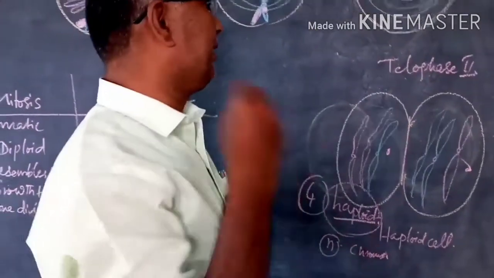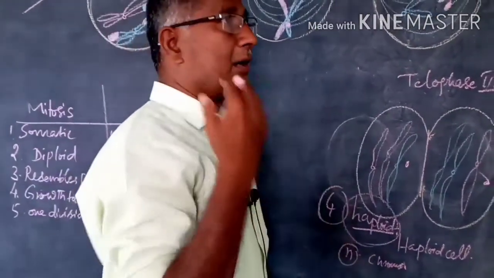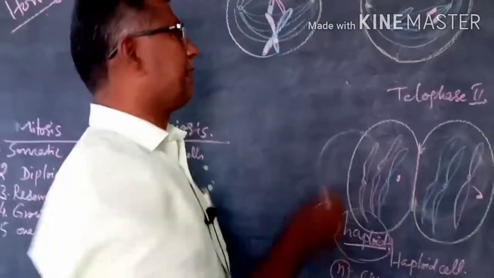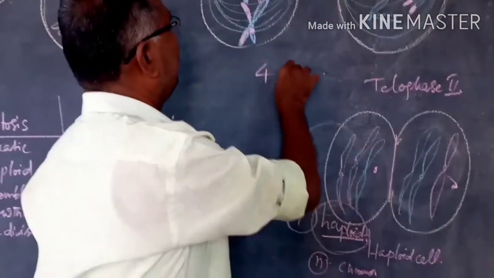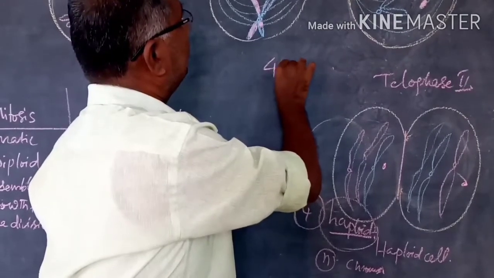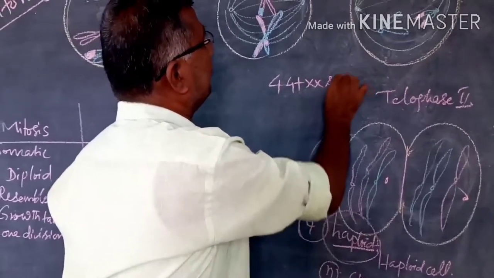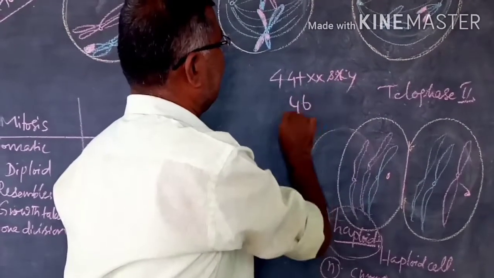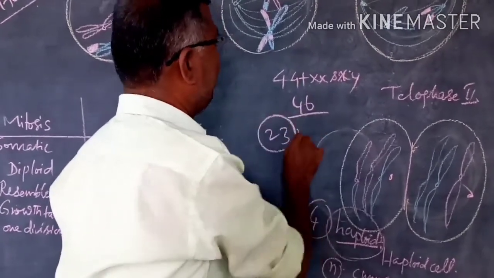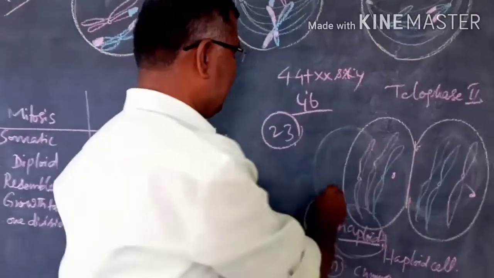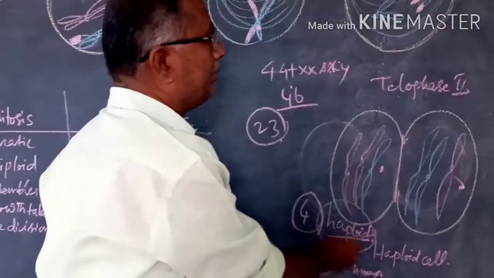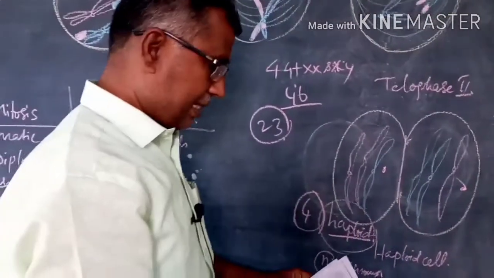For example, each and every organism has a constant number of chromosomes. For example, you have 44 plus XX or XY, that is 46, or 23 pairs. To maintain the number of chromosomes, the gametes are formed as a haploid set of cells.